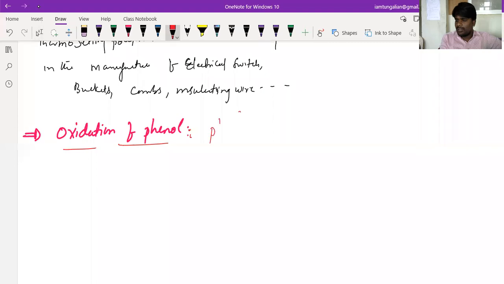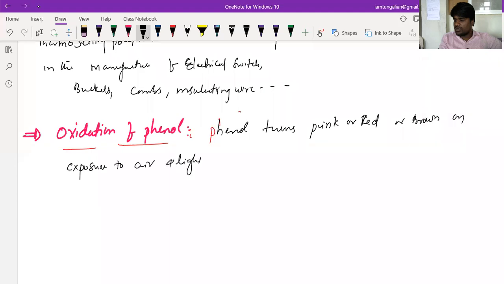Phenol turns pink or red, or even brown, on exposure to light due to slow oxidation.